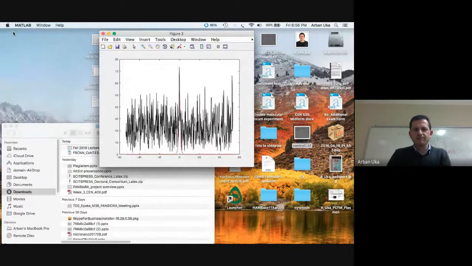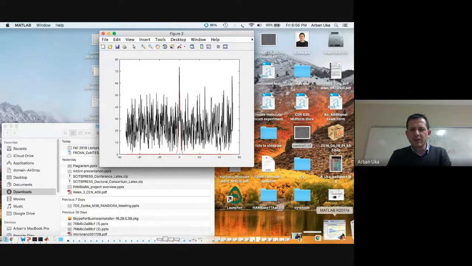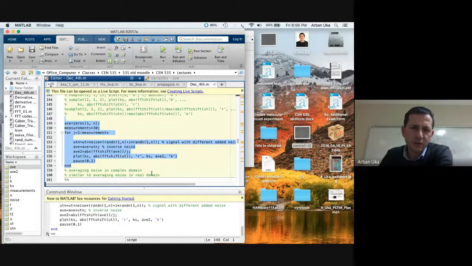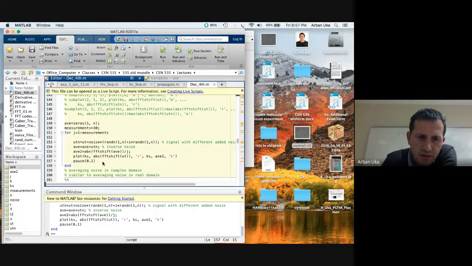Okay, so still the noise is pretty high, but if we average a little more, we can completely attenuate the noise. But let's see what we have plotted here. We have plotted the complex domain graph. And let's add another 0 here.